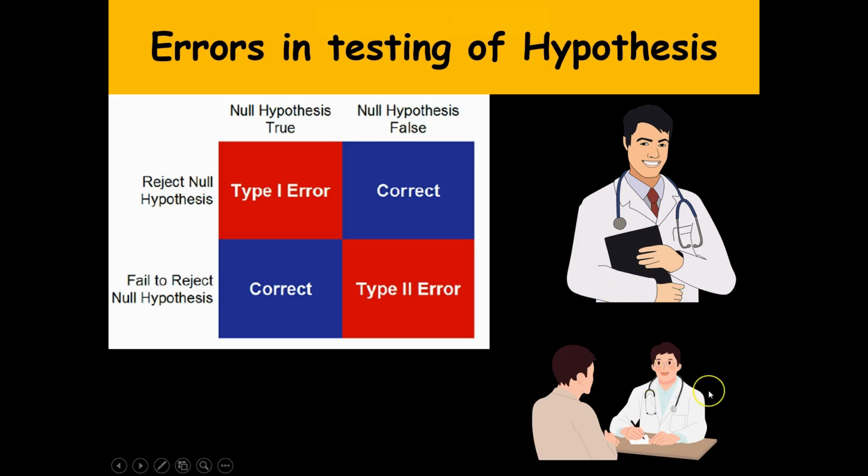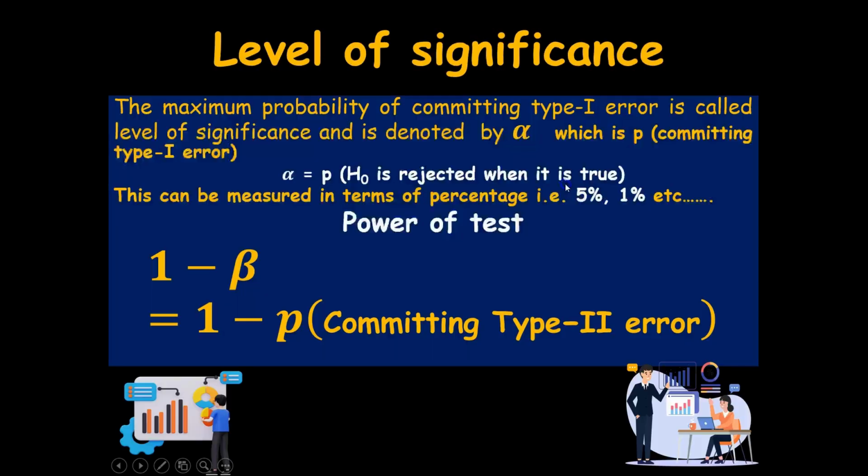In this case, he is committing type 2 error. So when we reject a hypothesis which is in a true state, we are committing type 1 error, and when we accept a hypothesis which is not in a true state, we are committing type 2 error. The other two things, in blue, are right decisions, and these two in red are wrong decisions.